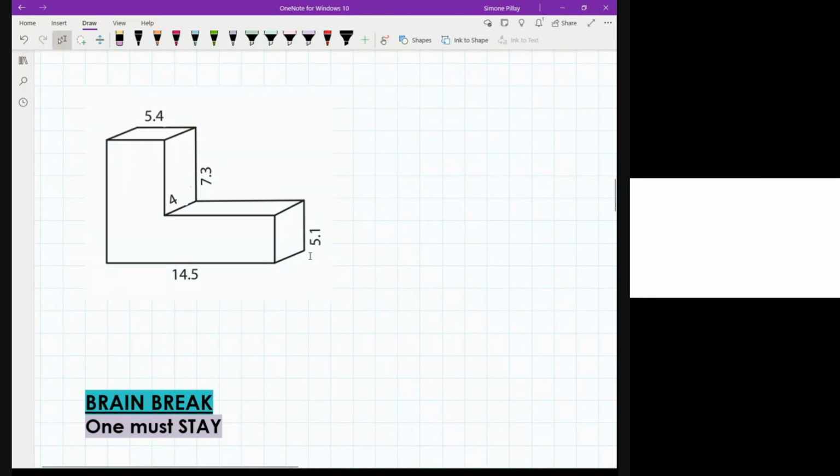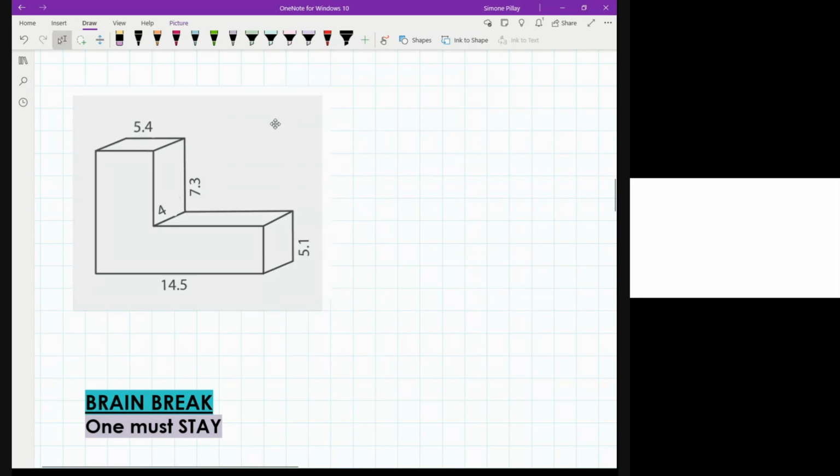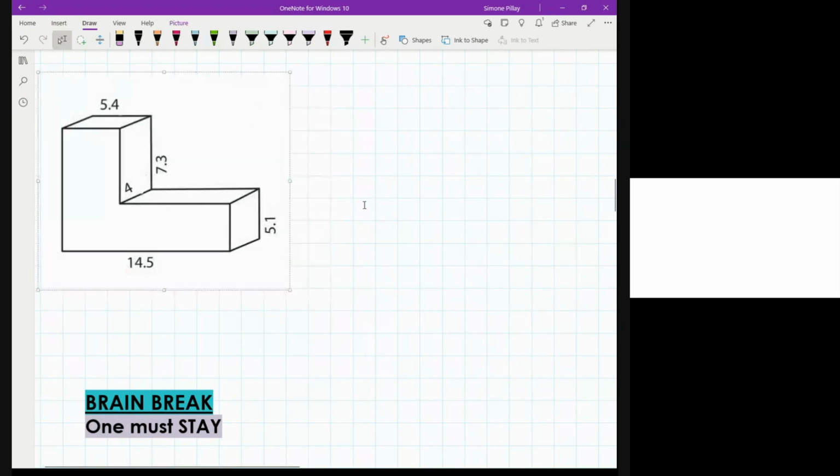But before we get to that, we have this guy over here that I want us to solve. Now, these are questions that I see all the time. There's so many ways you can do these questions. You could choose to break it up into these two rectangular prisms, or you could choose to break it up into those two rectangular prisms.